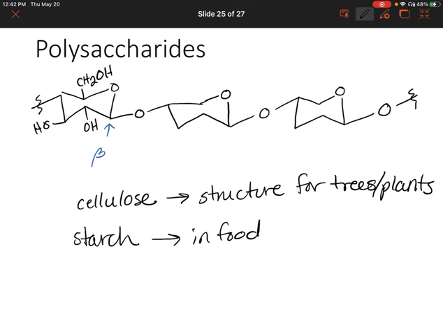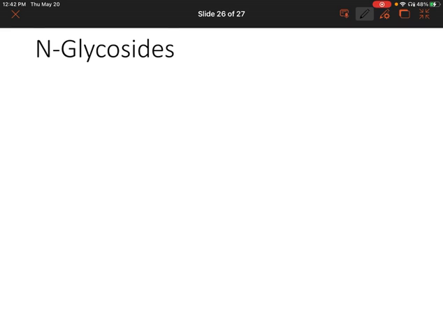Okay, so now let's talk about our last type of compound called an N-glycoside. So if you start with something like glucose, then you can also perform a reaction that we've seen before.